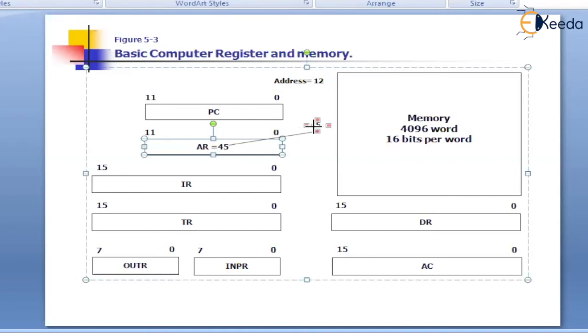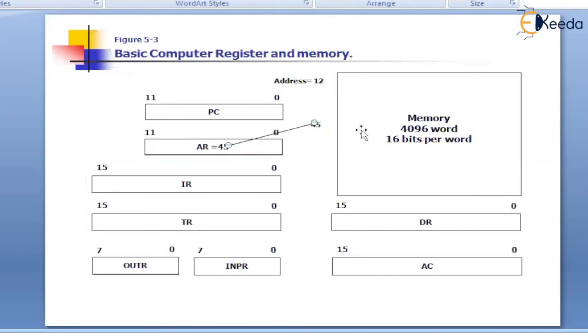This address part will be located in the main memory, under which the contents of the data will be accessed by the CPU. This is what the address register is all about. The purpose of the address register is to hold the addresses which are referenced by the CPU to locate in the main memory.